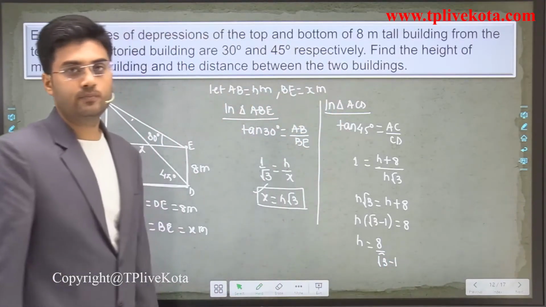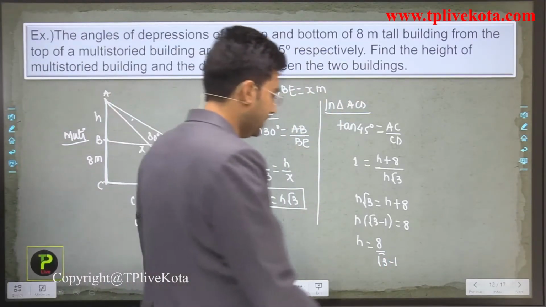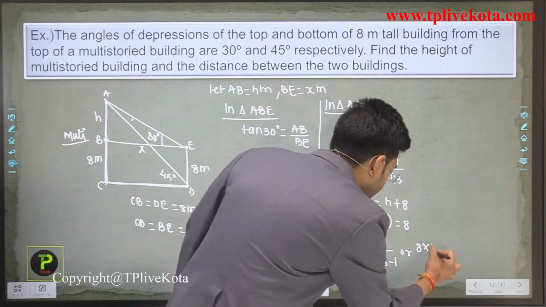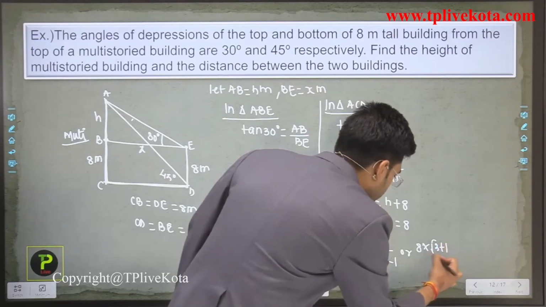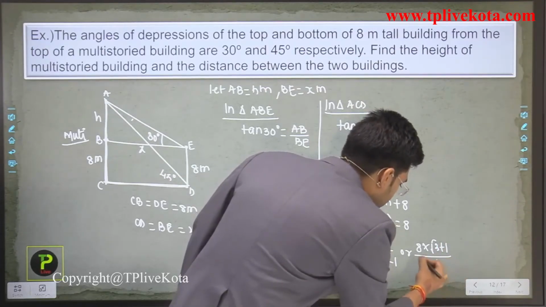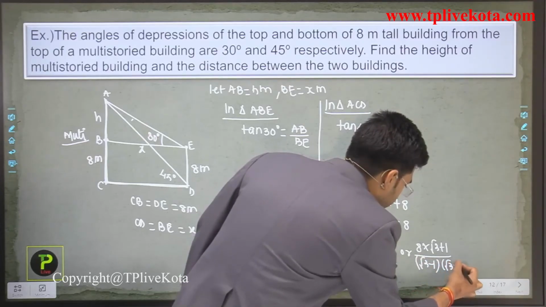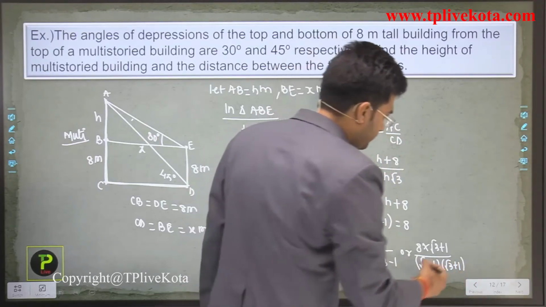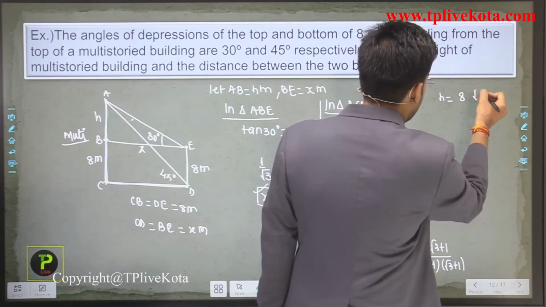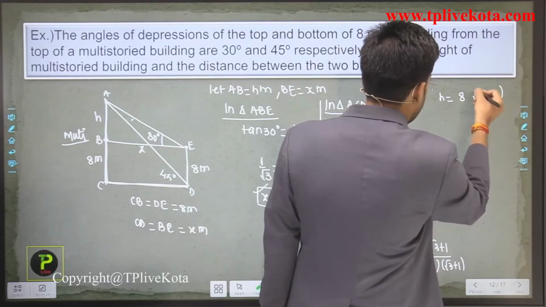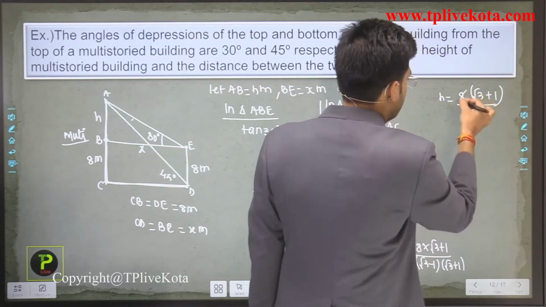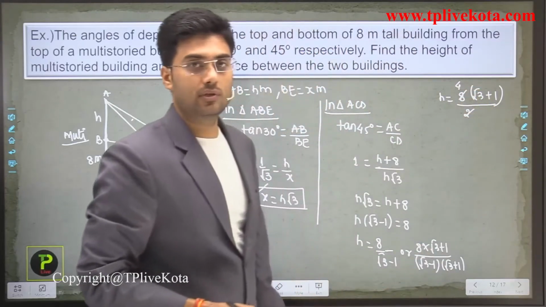Multiplying by root 3 plus 1 over root 3 plus 1 to rationalize the denominator, H is equal to 8 times root 3 plus 1 divided by 3 minus 1, that is 2. So it is 4 root 3 plus 1.